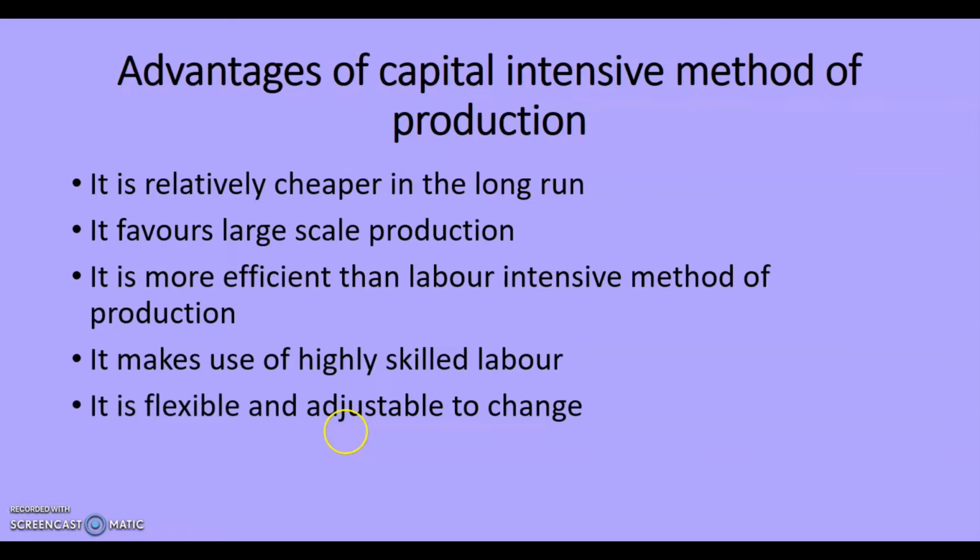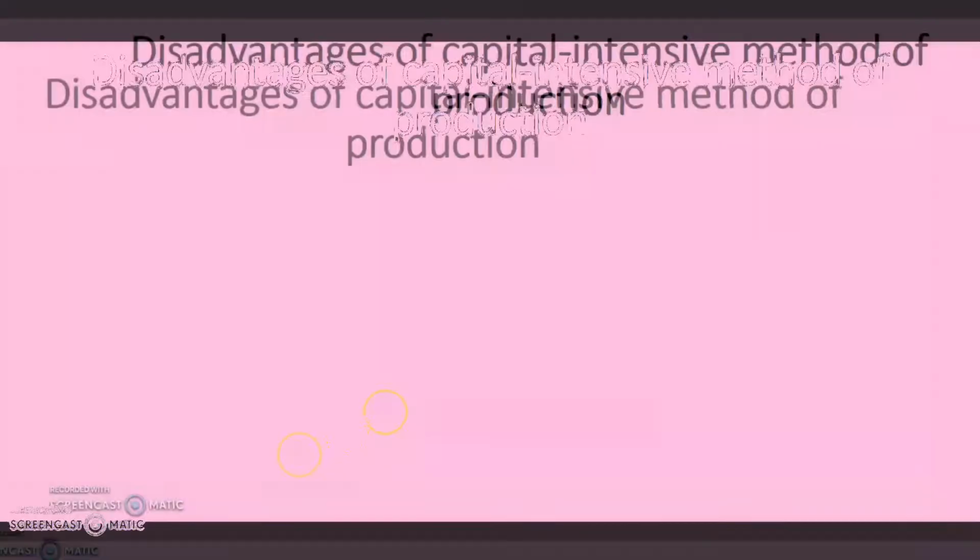Machines, you can always change to suit whatever you want to do. Unlike labor, if you want to change labor, it means the labor will have to be retrained or educated. So when you compare the two factors, capital is flexible and very adjustable to change as compared to labor.